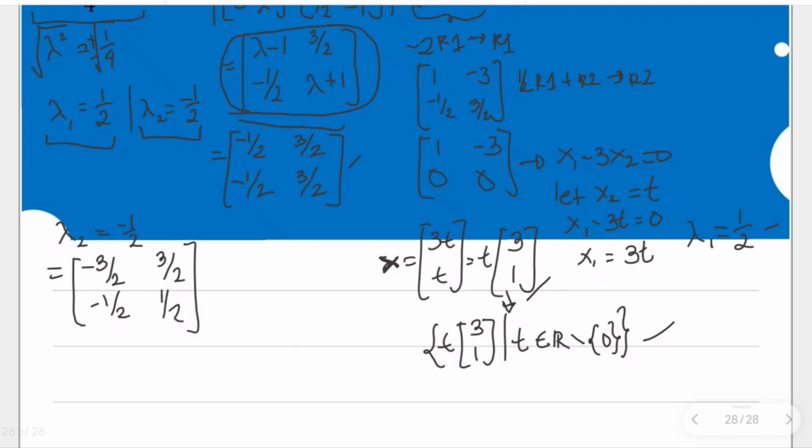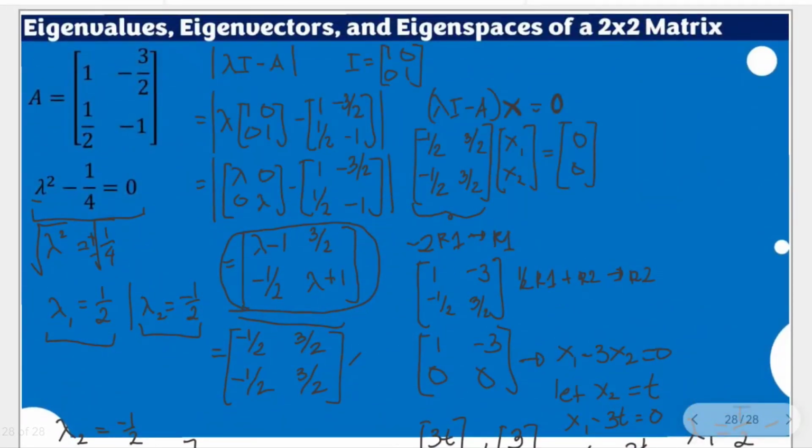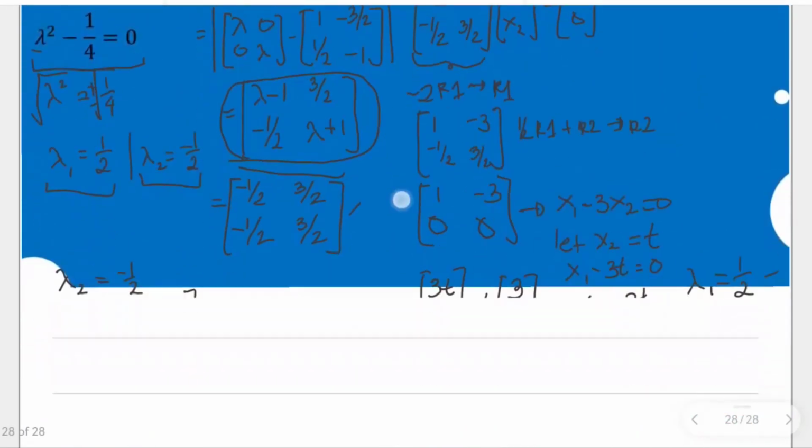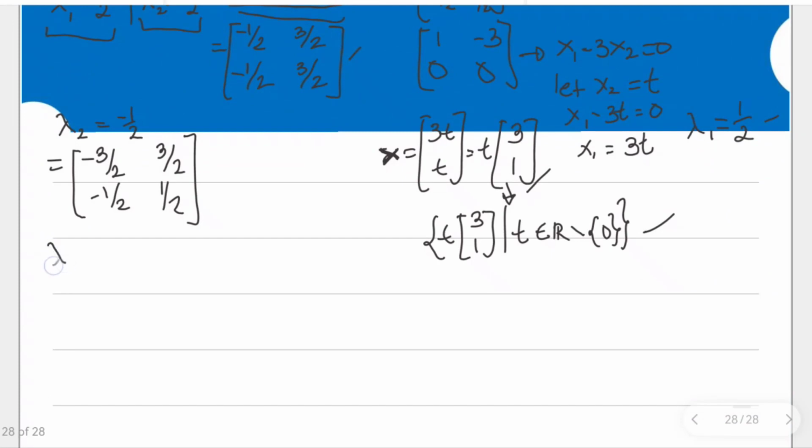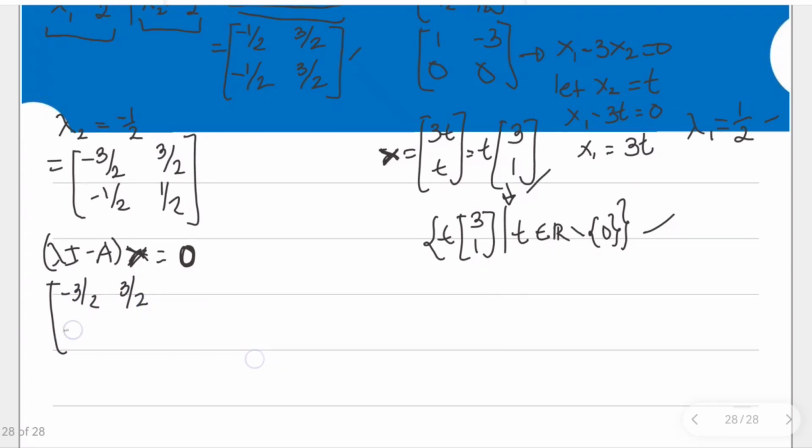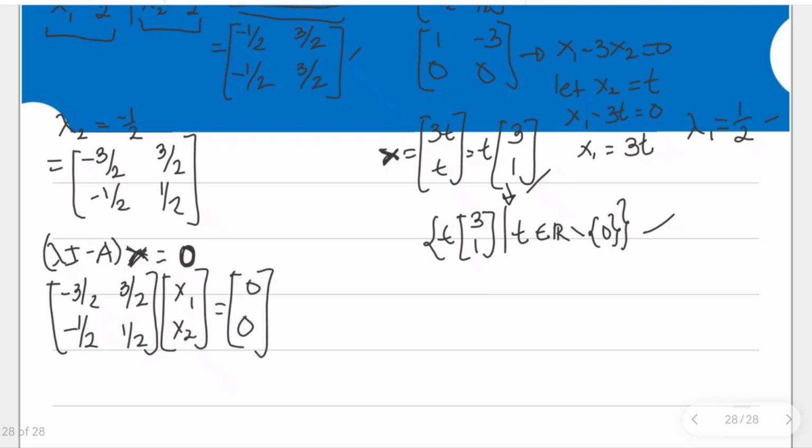This will be paired, just like the previous one, in the form lambda I minus A, but you're going to multiply this with a certain vector x and equate it to the zero vector of R2. So you will have negative 3/2, 3/2, negative 1/2, 1/2 times x sub 1, x sub 2 equal to 0, and then 0 here.